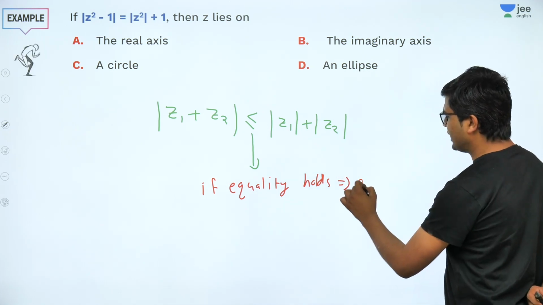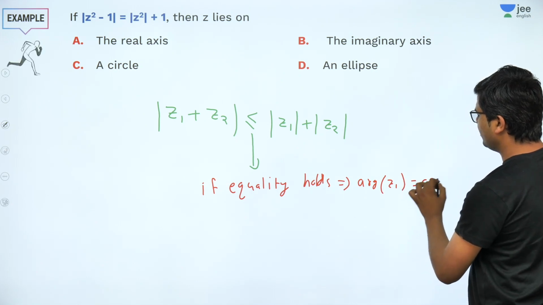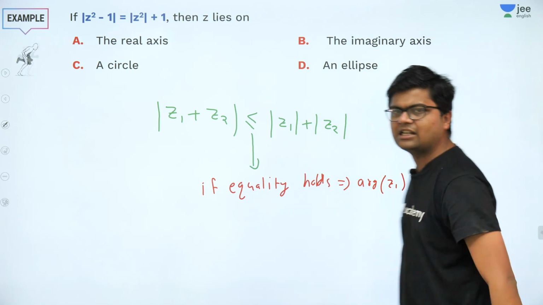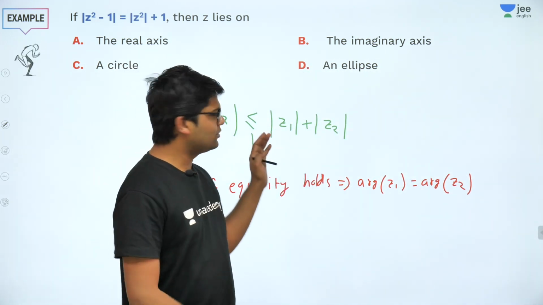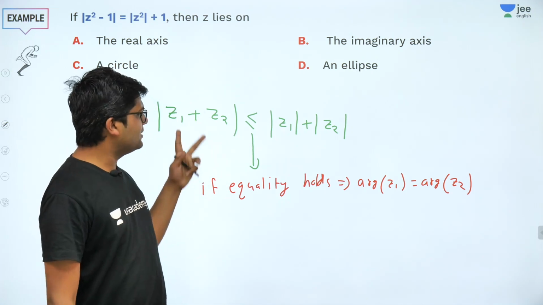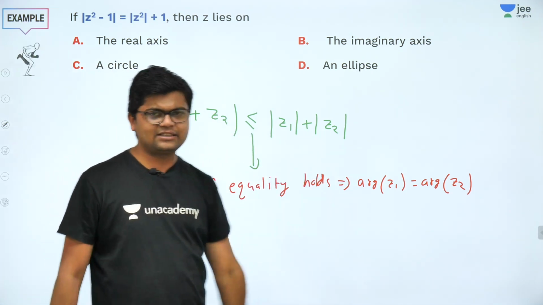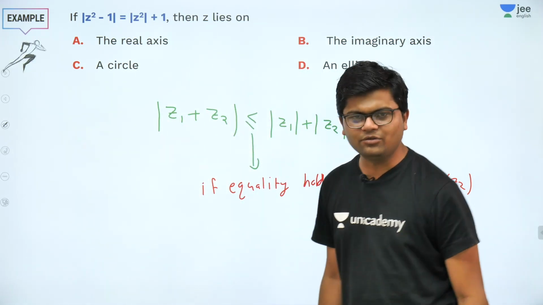So it implies argument of z1 equals argument of z2. This is the conclusion that you all must understand: if modulus of z1 plus z2 equals mod z1 plus mod z2, it directly implies that z1 and z2 are parallel. It means argument of z1 is equal to argument of z2.